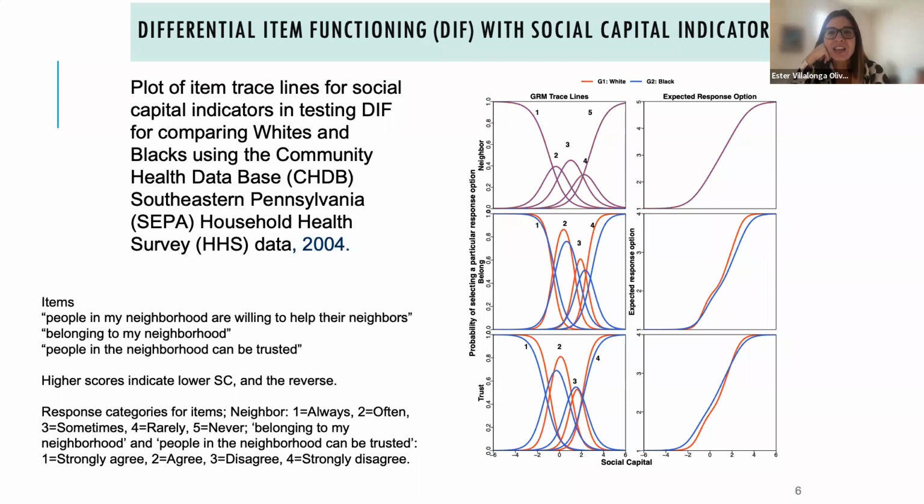So here, what I had done, and I think this is going to be something very interesting to you, is that if you would like to understand more about how some items related to social capital perform, one tool we have that I think is very helpful is item response theory. Item response theory, I don't know if you have been exposed to that.